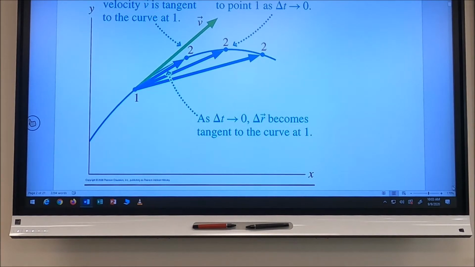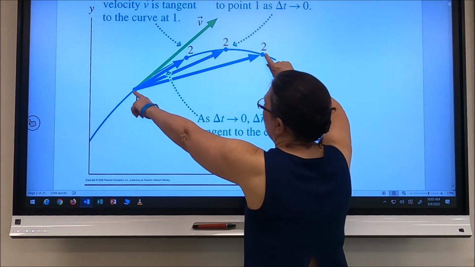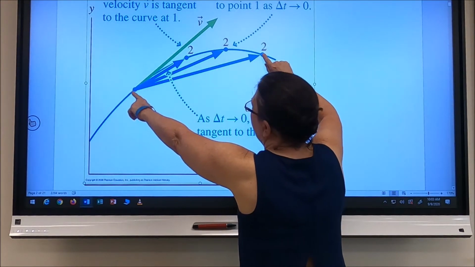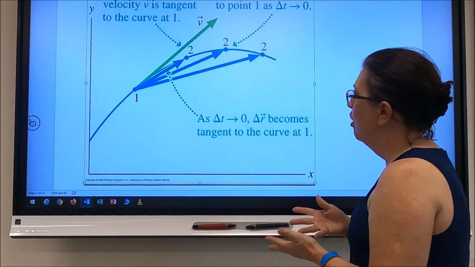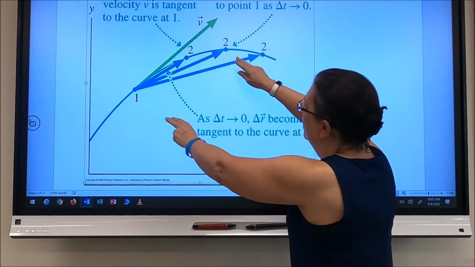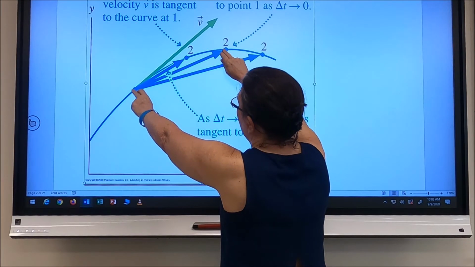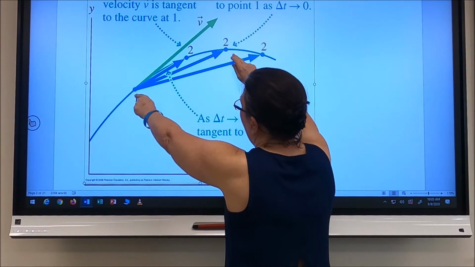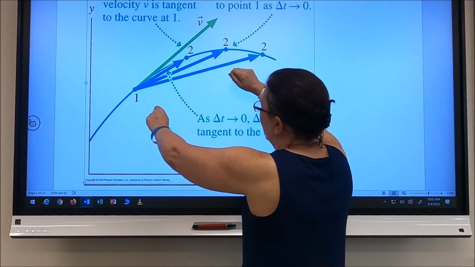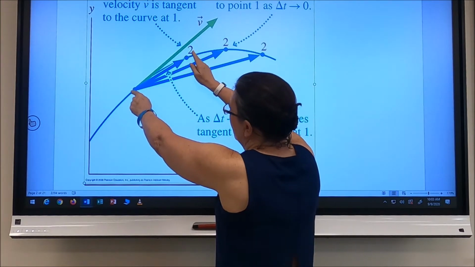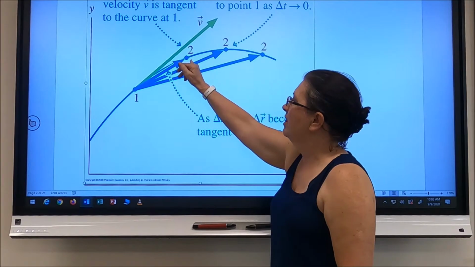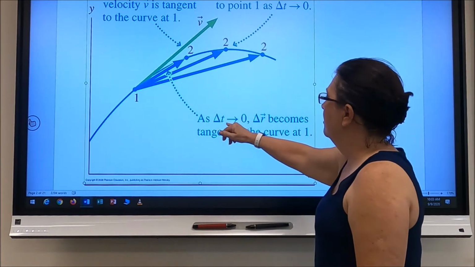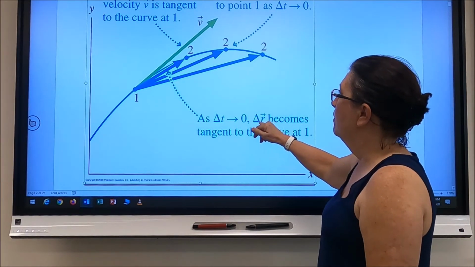Now, if this was my initial position and this was my final position, the vector that we see here is our delta R vector, okay? And then if I change my position here, notice how the direction of the delta R vector changes. And here, it changes still. What we're looking at here, looking at these series of vectors, is letting delta t approach 0.